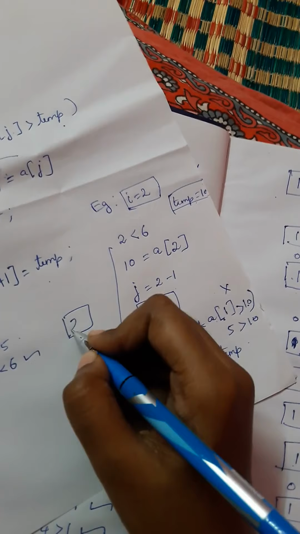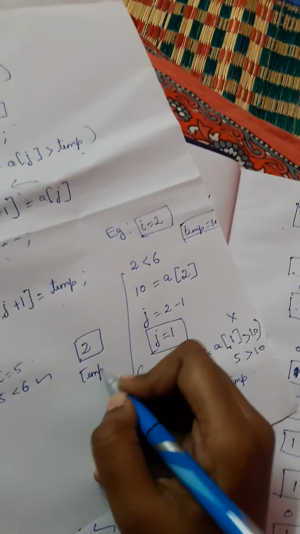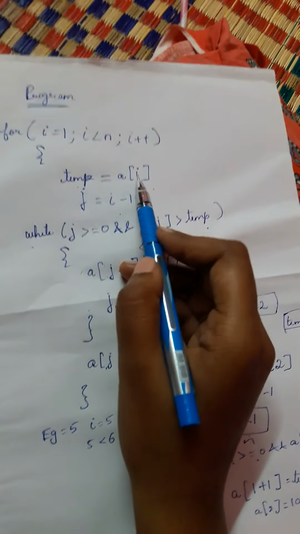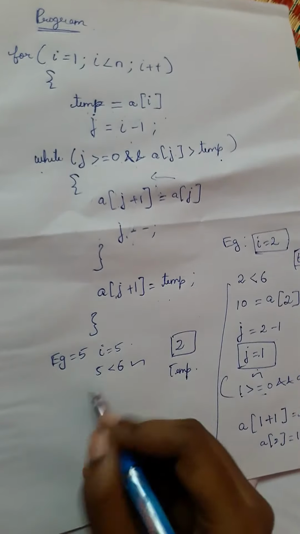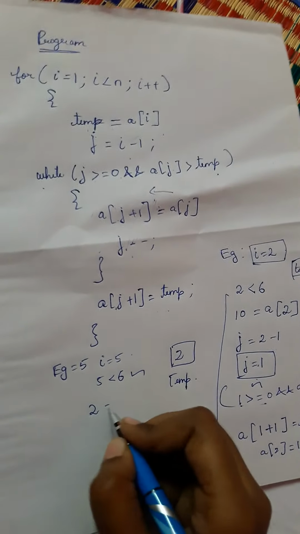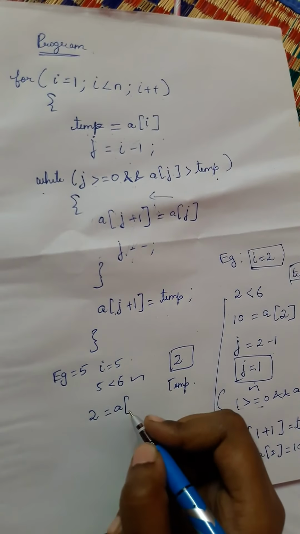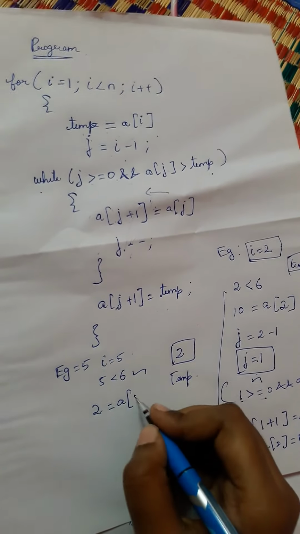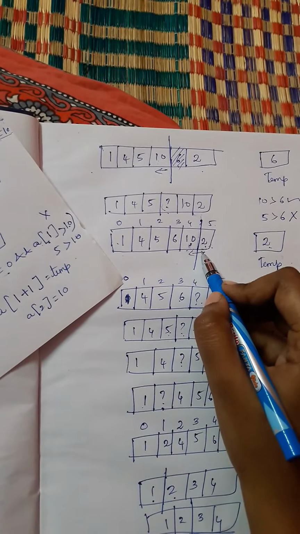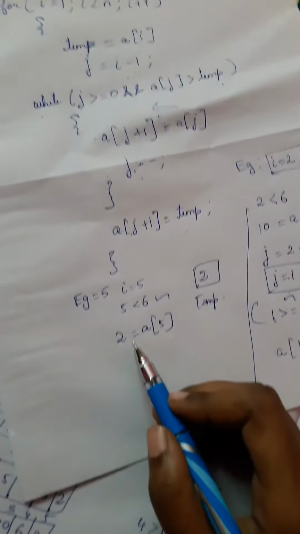So temp is equal to A of i. A of i, what is that? A of 5. At the position of A of 5, only 2 is there. So that only they have said here.